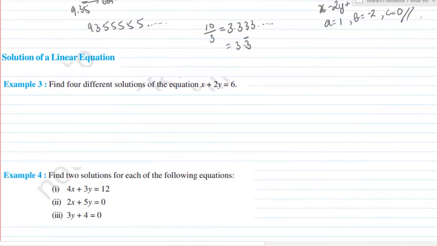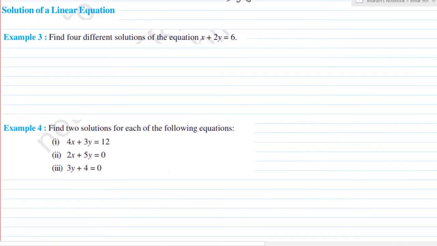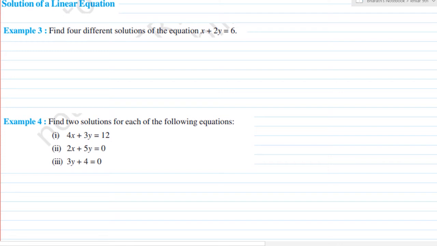Next we'll go to the next topic, solution of a linear equation. Suppose any equation is given, like 2x plus 3y is equal to 5. Now, which numbers in place of x and y satisfy the given condition? Like 2 into 3 plus 3 into 3 is equal to 15.